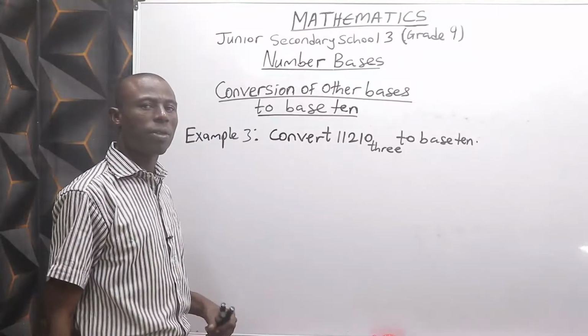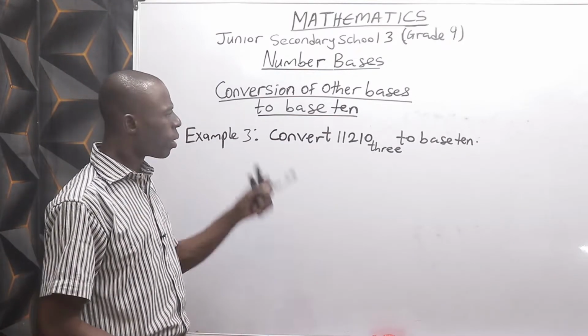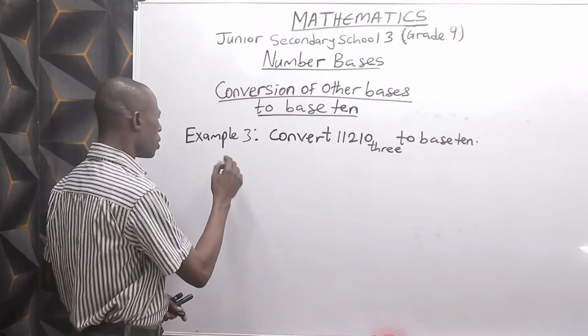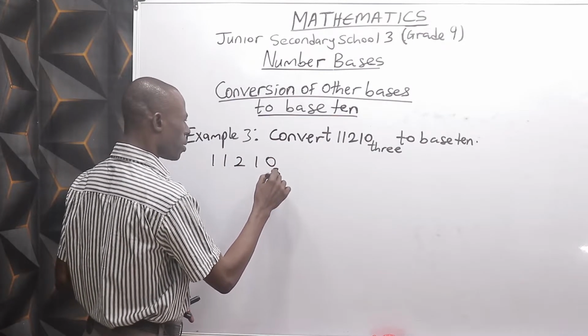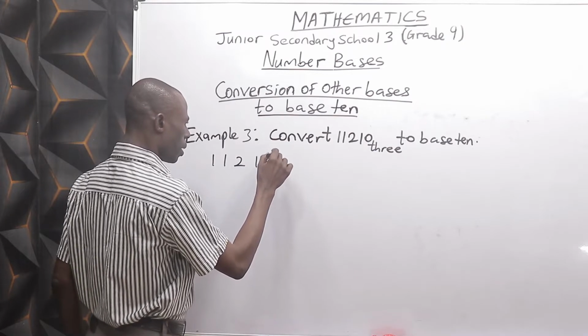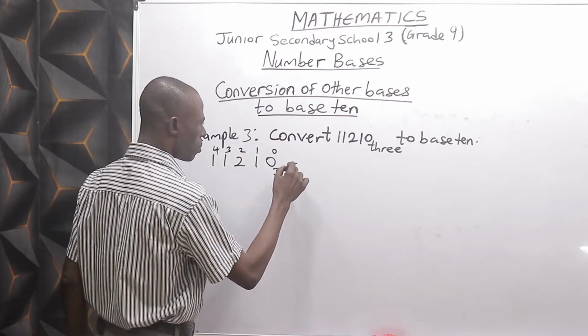Let's consider example 3. Convert 11210 base 3 to base 10. 11210 base 3, with powers 0, 1, 2, 3, 4.